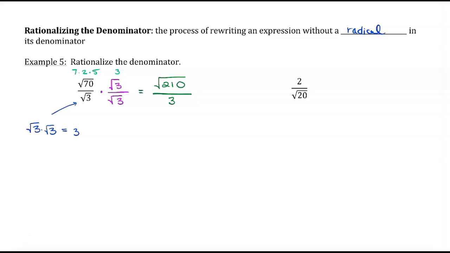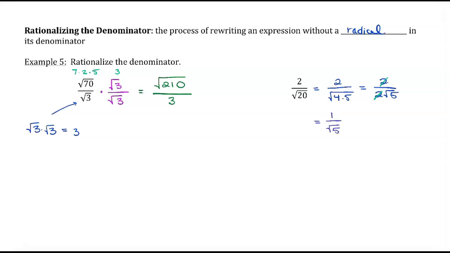We again need to rationalize the denominator, but it's helpful to notice that root 20 could be simplified first. Root 20 is divisible by the perfect square 4, so this is the square root of 4 times 5, or 2 root 5. So we have 2 divided by 2 root 5. And now that we have a 2 in both the numerator and the denominator, this expression simplifies to 1 over root 5.